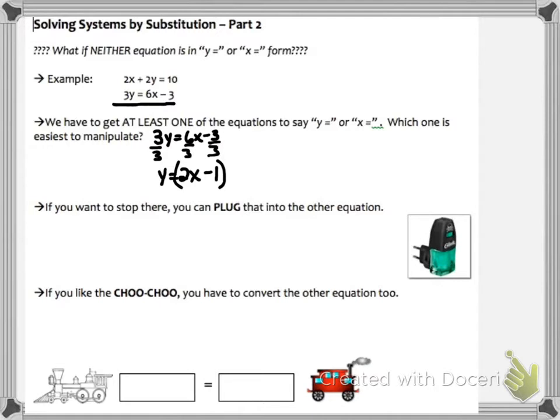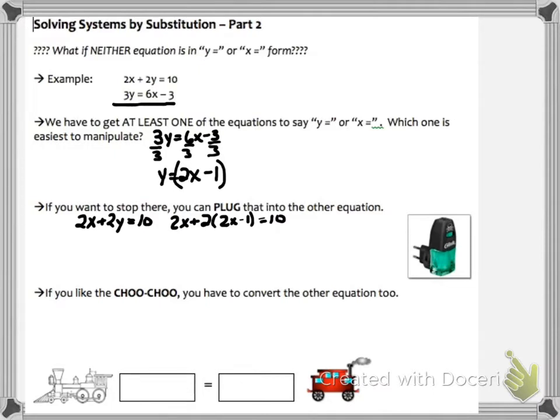To do this, I would just take my first equation that says 2x plus 2y equals 10, and I would substitute in and get 2x plus 2 times, now I'm going to substitute, 2x minus 1 equals 10.